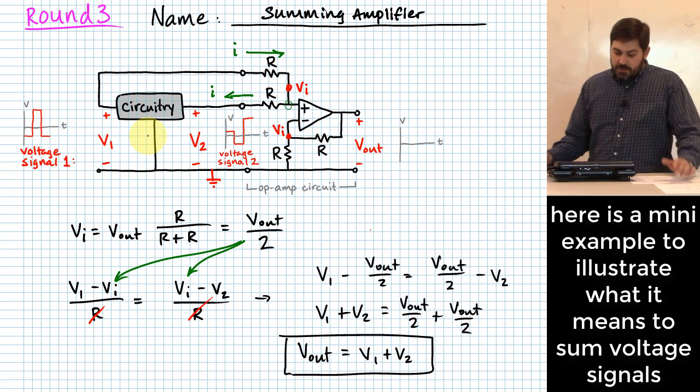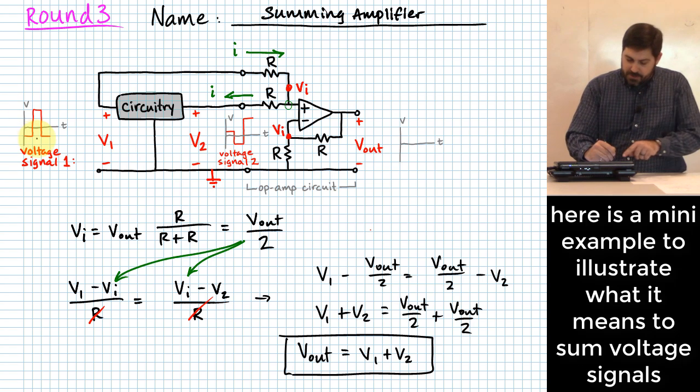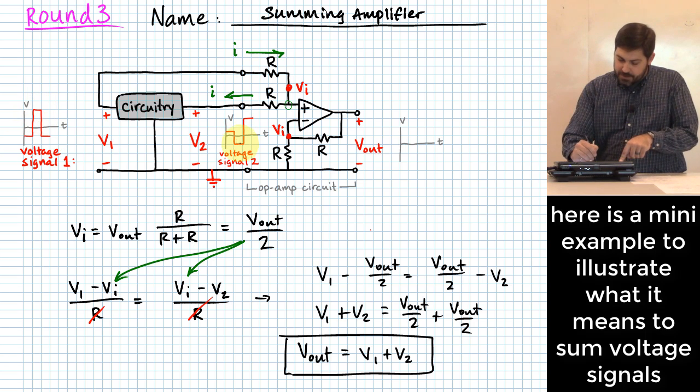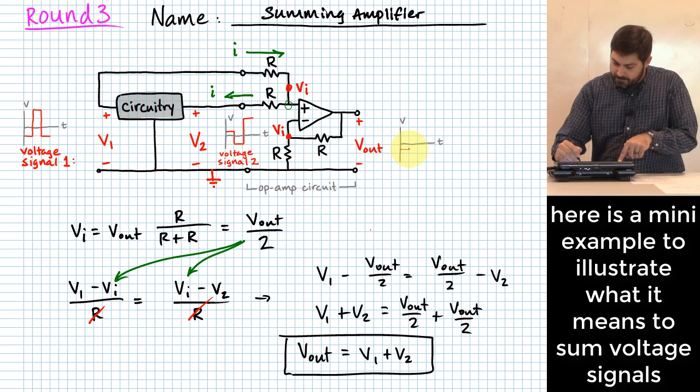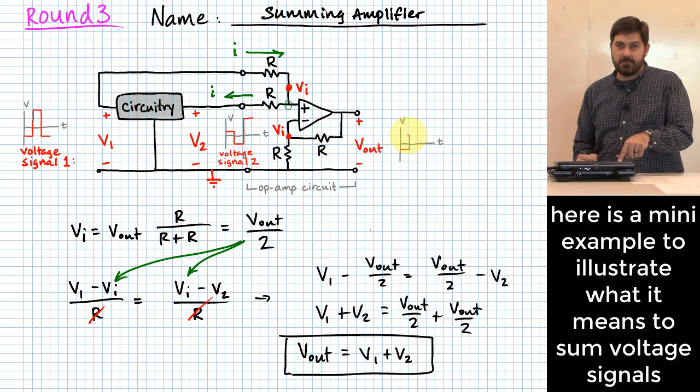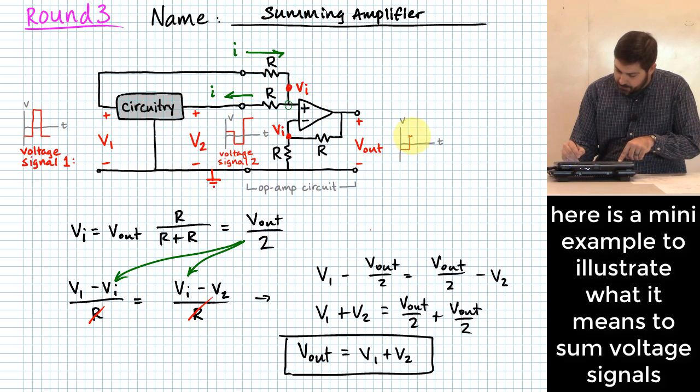Okay? Now, you might wonder why I put these little pictures over here. Voltage signal 1 that has like a little profile to it, and then a voltage signal 2. What this does is it takes those two signals and it literally adds them together the whole way along there. So if I have -1 at the beginning and +1/2, it's going to add to -1/2, right? If you then have +2 and add that to a -1, where's it going to go then? +1. So that's where it'll be for that little chunk.